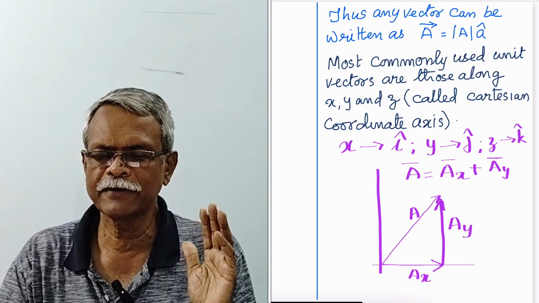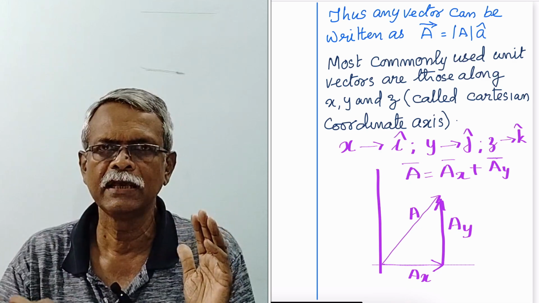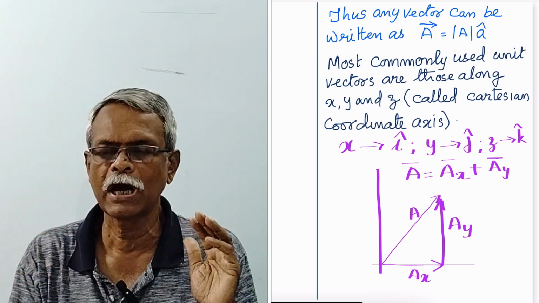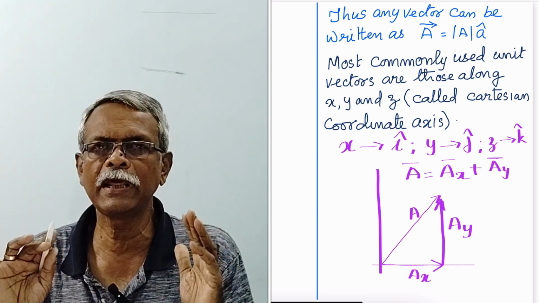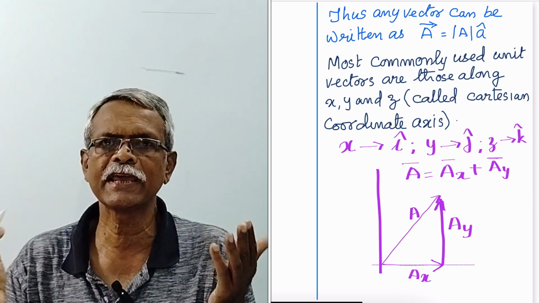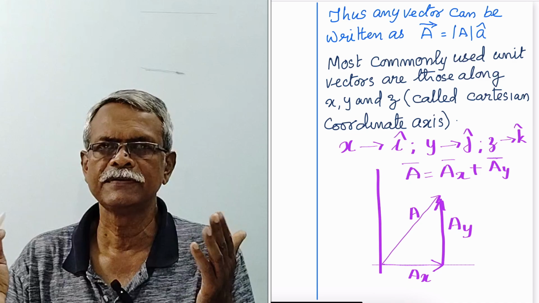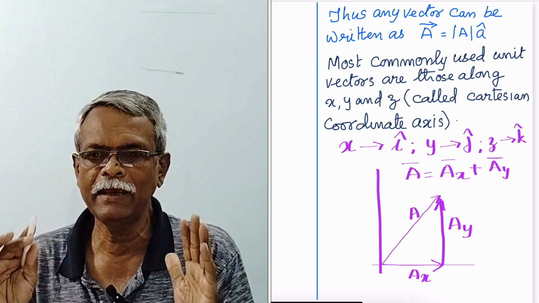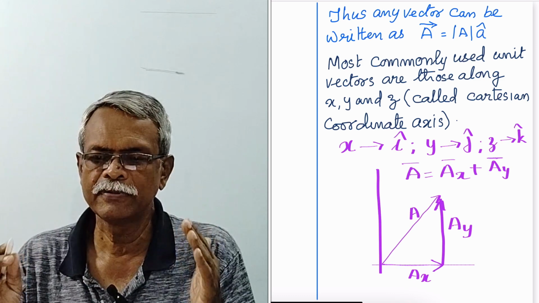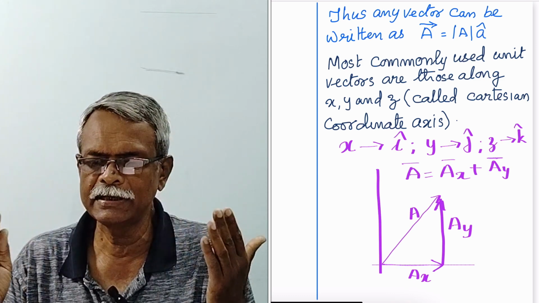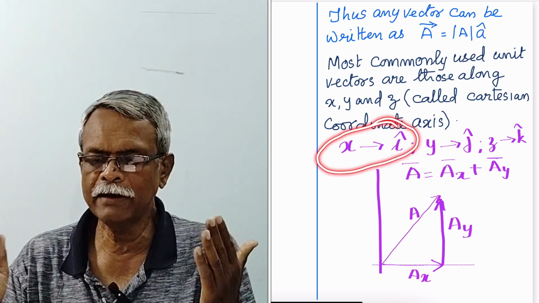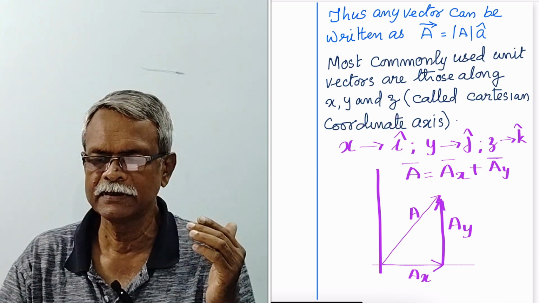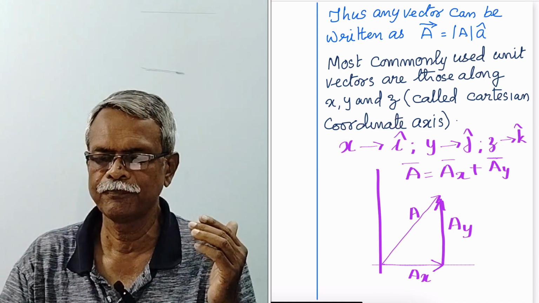The x direction unit vector is represented by the letter i with a cap symbol or caret symbol at the top, i cap. Similarly, y is written as j cap, z is written as k cap. And the vector A, if you write in that manner, we have the vector A as vector Ax plus vector Ay.